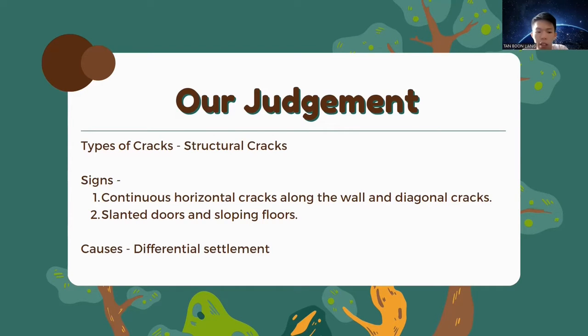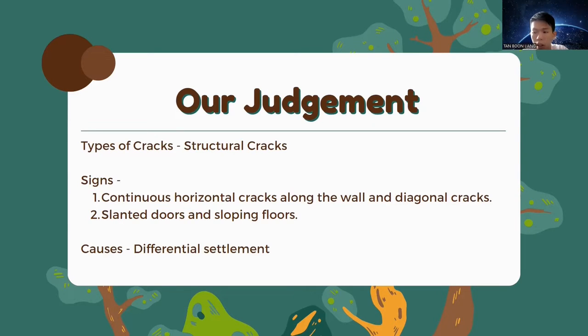Our judgment is that the type of crack is a structural crack. This is because of the signs of continuous horizontal cracks along the wall and diagonal cracks, slanted doors and sloping floors provided in the appendix of the case study.